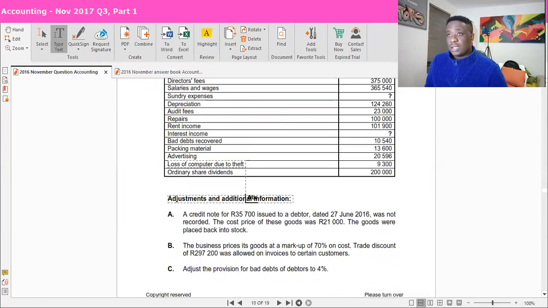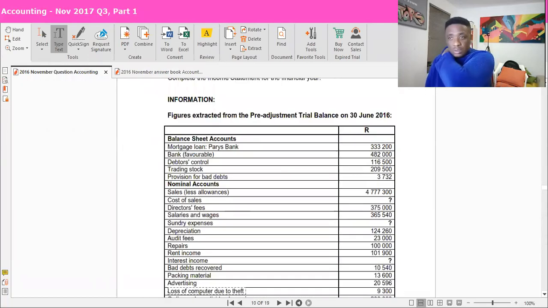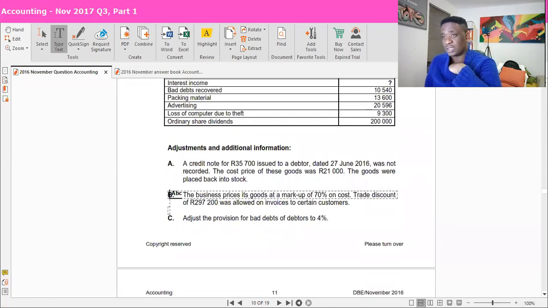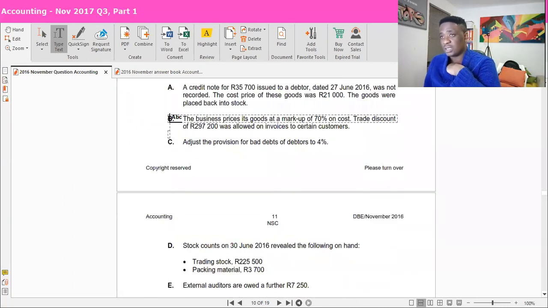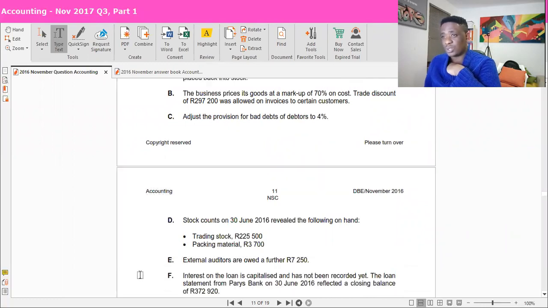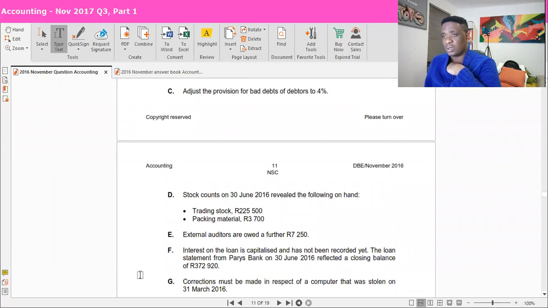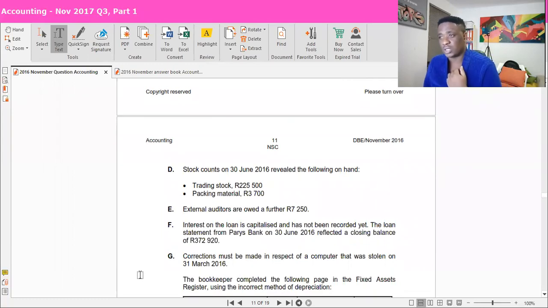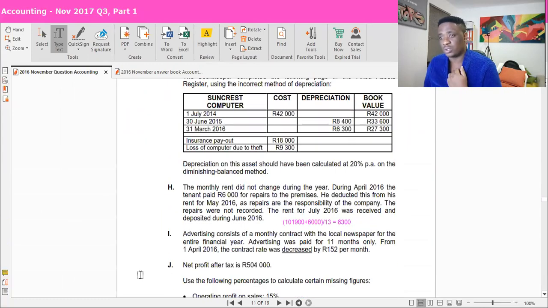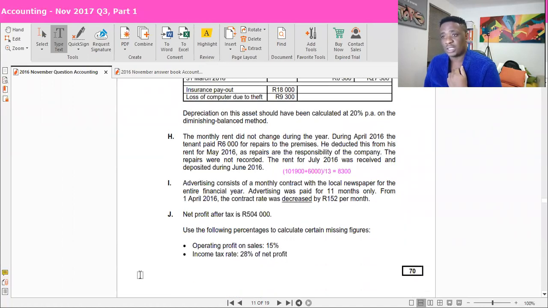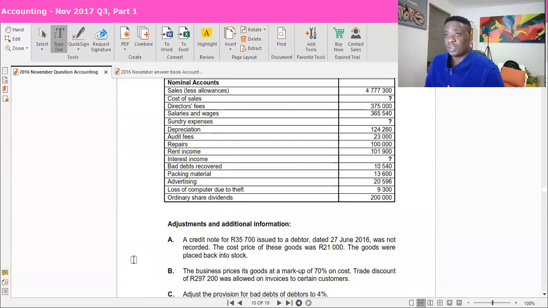And then what's the other one? We also have bad debts recovered and information relating to bad debts recovered. Adjust for provision for bad debts, nope. Stock count, external auditors, interest and loan, corrections must be made on the computer that was stolen, no. Rent, advertising, net profit. So nothing on bad debts recovered.